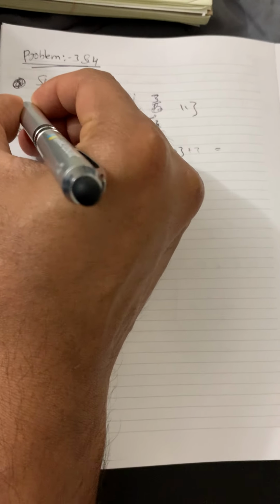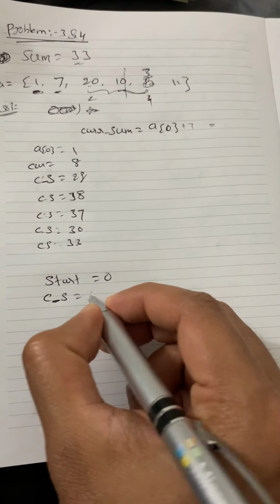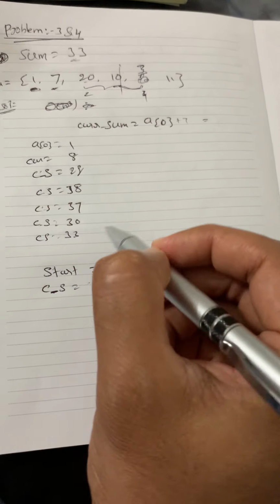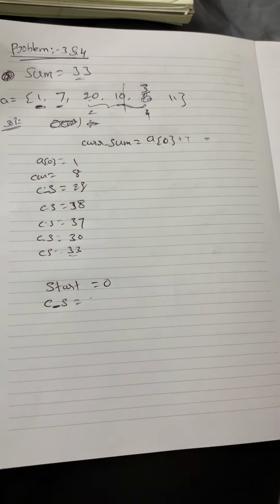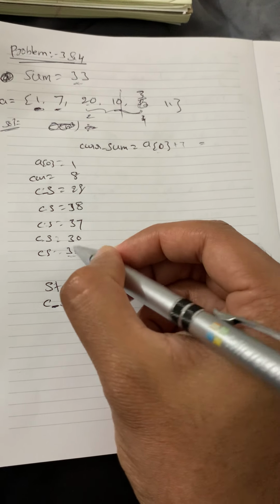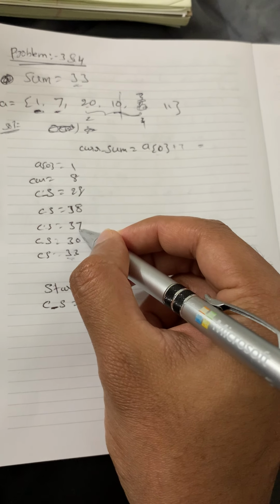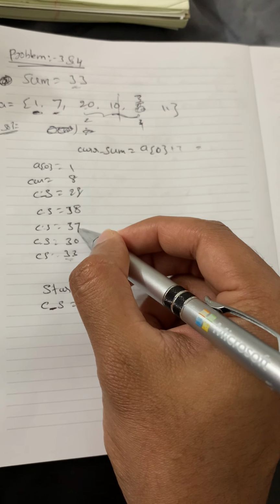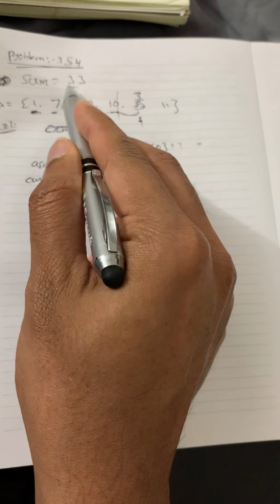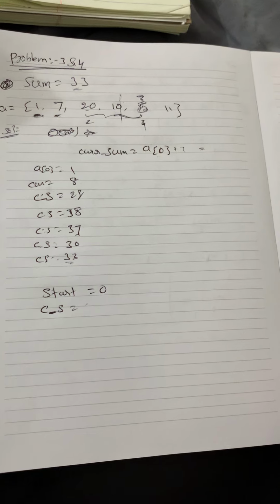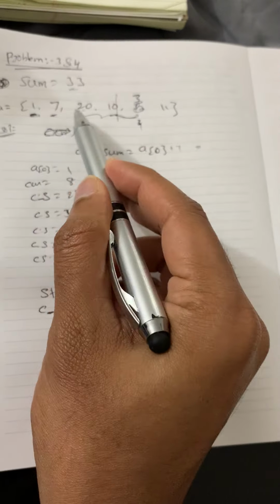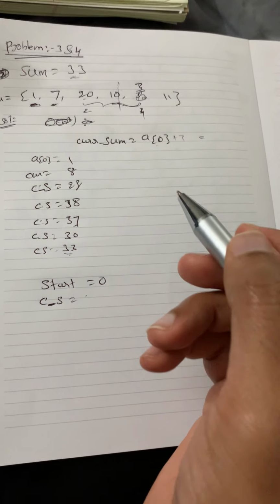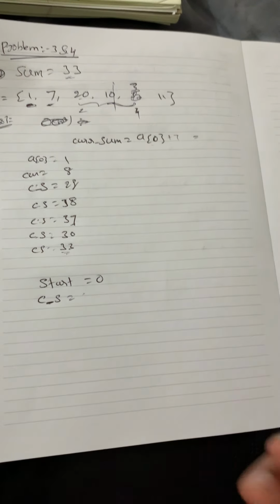I'm taking this array as a. This is just positive integers. So once we get a sum which is greater than 33, there is no way we are going to come back, because we don't have any negative integers in the list. So I think comparing would be the best solution.